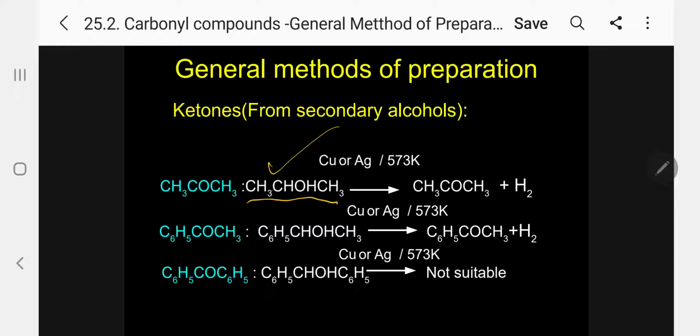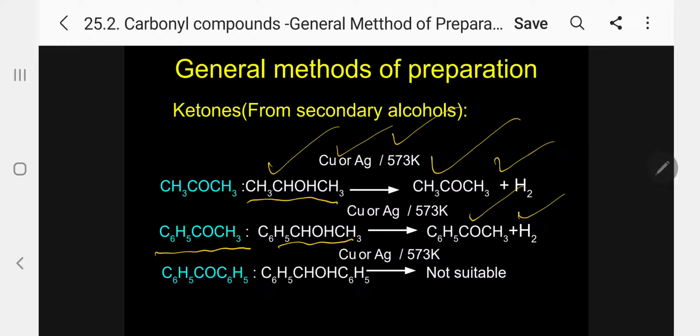When these vapors are passed through heated copper or silver at 573 Kelvin, acetone and hydrogen are produced. If I want acetophenone, correspondingly 1-phenyl ethanol, the IUPAC name, or methyl phenyl carbinol. In this case, I can get acetophenone and hydrogen.